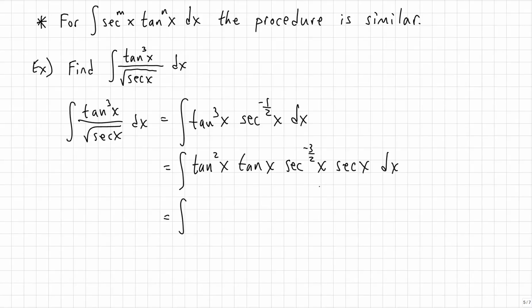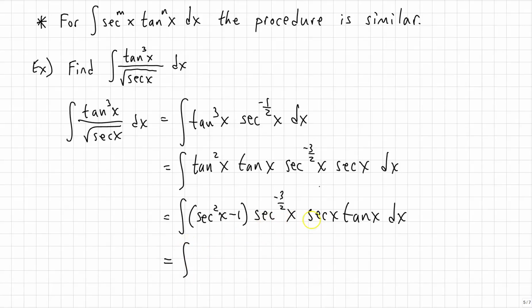So we would have, let's see, instead of tangent squared, we're going to do secant squared x minus 1. And then we've got our secant to the negative 3/2, and then we're going to have our secant tangent. And then, like the sine cosine, we're going to distribute and split up the integrals.